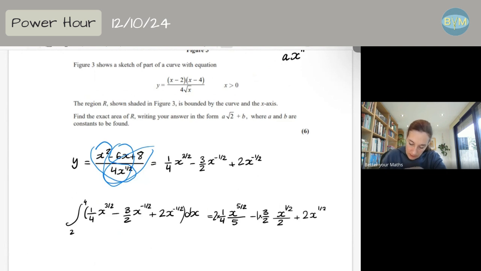Actually, we could put these two together, no? No, I'm doing something wrong. X minus a half, this is positive a half. This is positive a half, sorry. It's 1 minus a half, which is a half. It couldn't be the same.